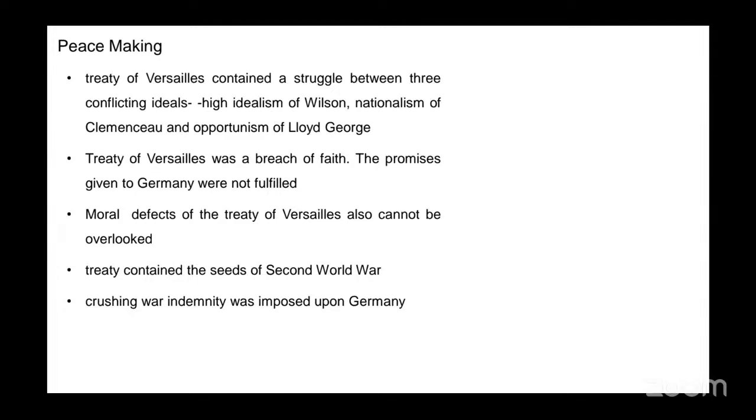All these clashes of personalities came together, and they tried to maximize the war indemnities and the post-war repercussions. So the deals that Germany was made to sign were very harsh, and they kind of insulted Germany.